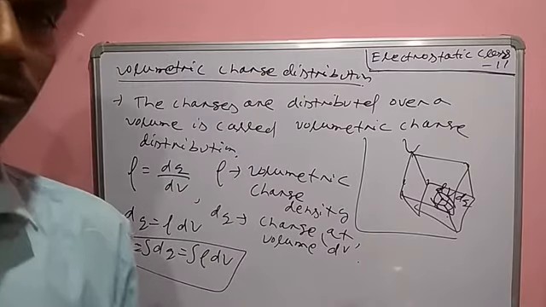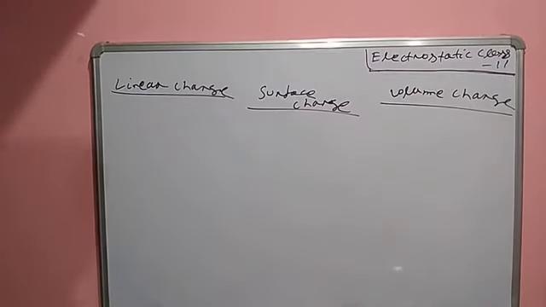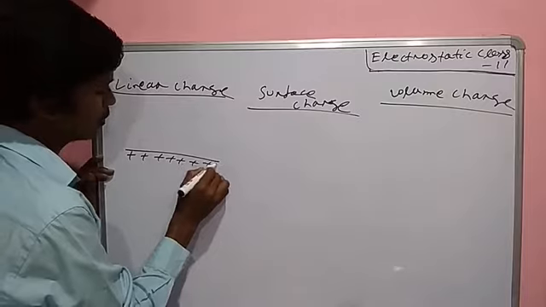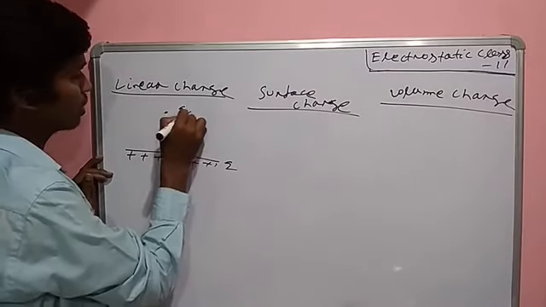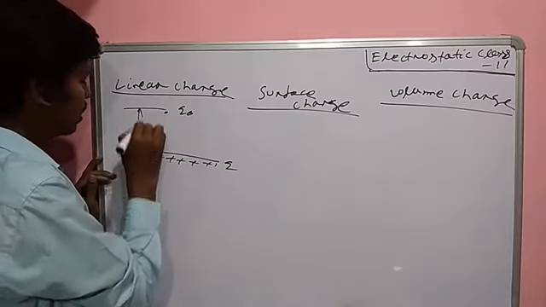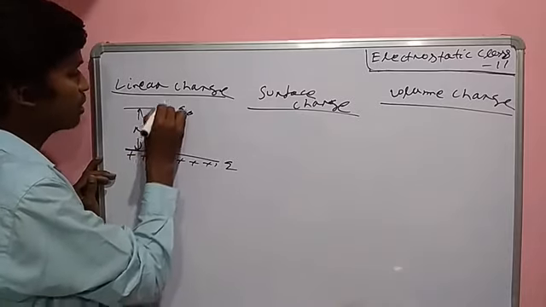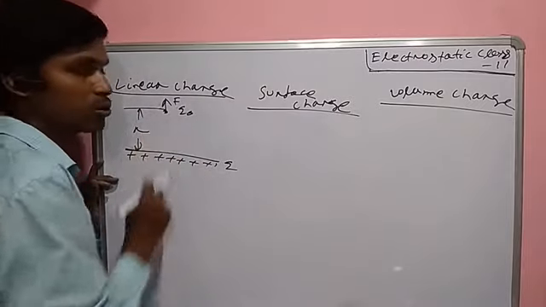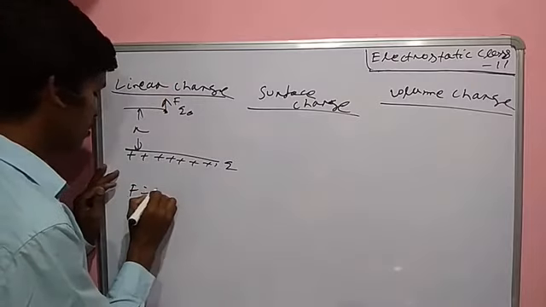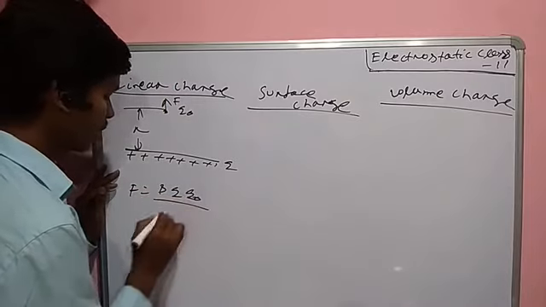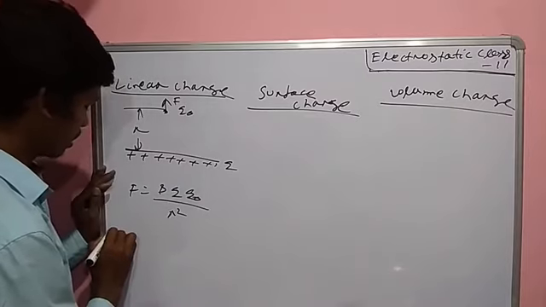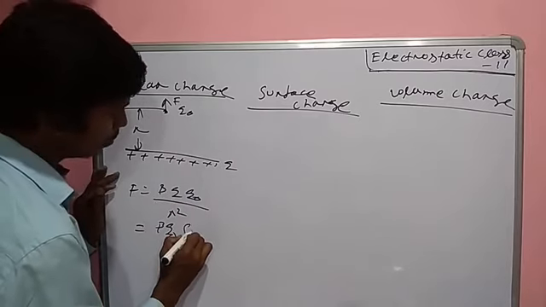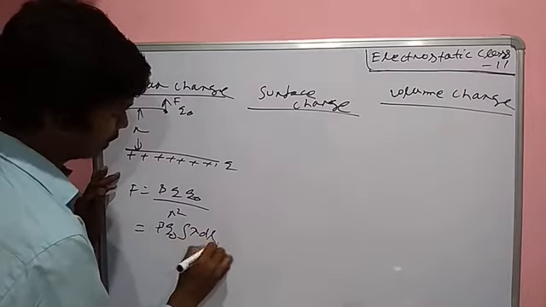So write down here linear charge. Suppose it is the positive charge Q, and suppose this is the test charge Q0, the distance between these charges is R. The force F on this charge, if both are positive charges, is repulsive. So F is equal to beta Q0 Q divided by R square, or equal to beta Q0 times the integration of lambda dl by R square.